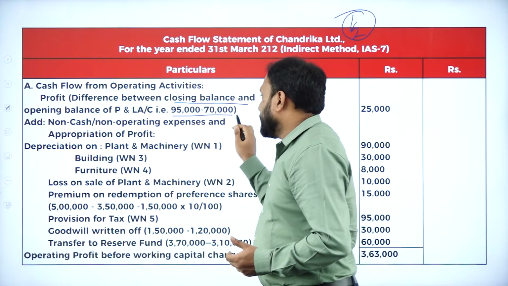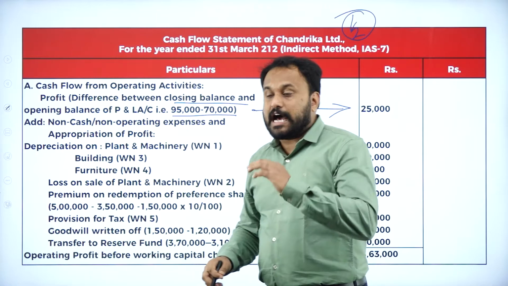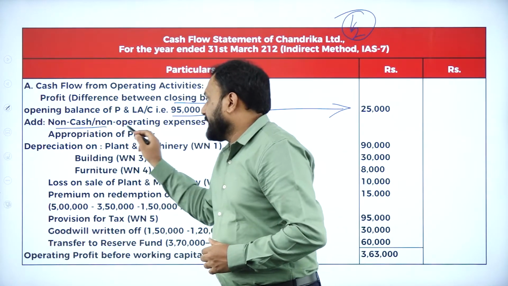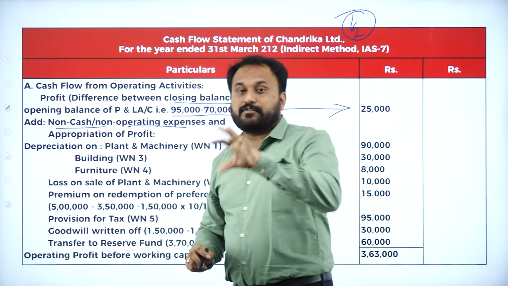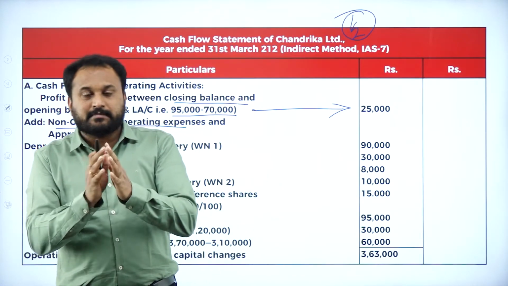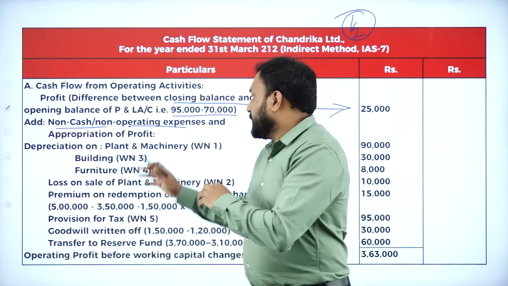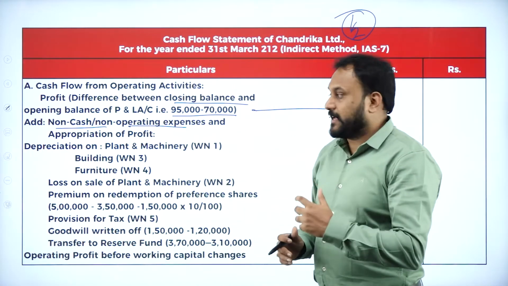So 95,000 minus 70,000 is 25,000. After that, you need to add non-cash, non-operating expenses. Now, if you have not watched the previous session, please do watch it. I've given you n number of examples of what exactly happens in the non-cash and non-operating expenses.